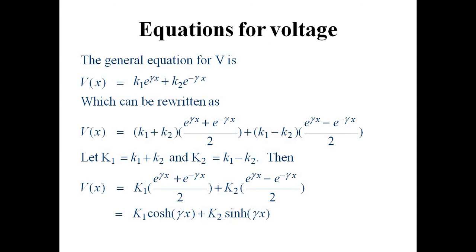Let K1 = K1 + K2 and K2 = K1 - K2. Then V(x) = K1 (e^(γx) + e^(-γx))/2 + K2 (e^(γx) - e^(-γx))/2. Here that is V(x) = K1 cosh γx + K2 sinh γx.